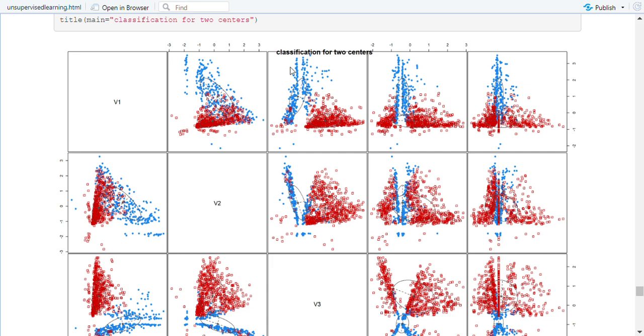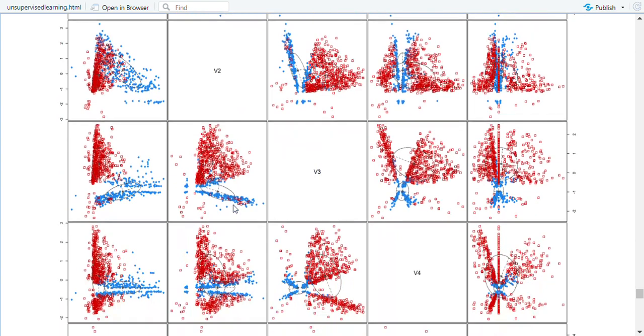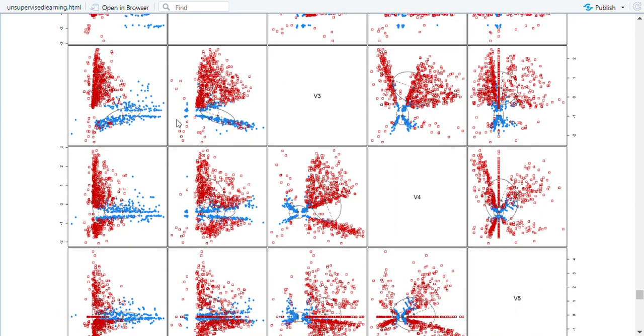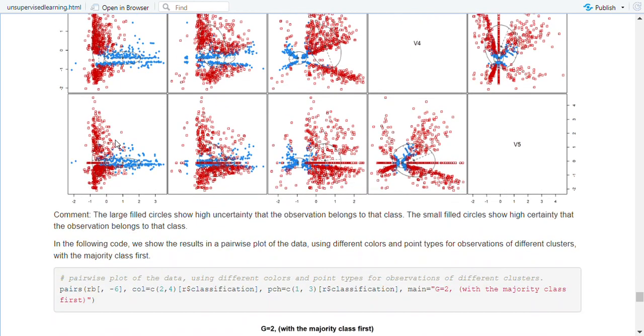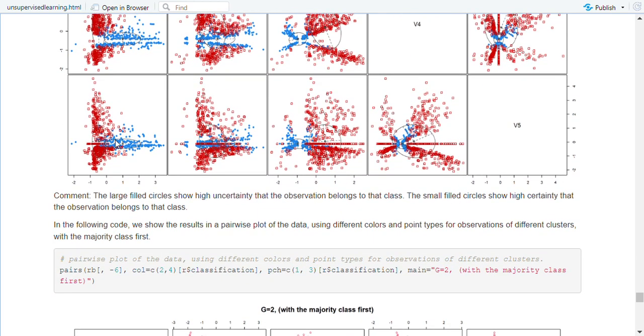For y-axis equal V1 and the x-axis equal V2, the data is represented like this. The rows represent the labeling on the y-axis, and the columns represent the labeling on the x-axis. Okay, this is for the uncertainty.